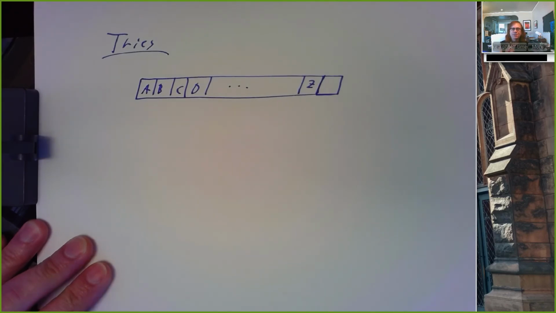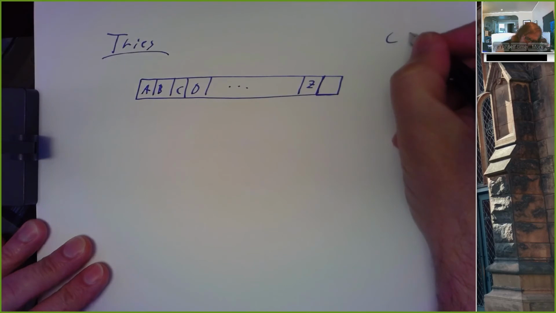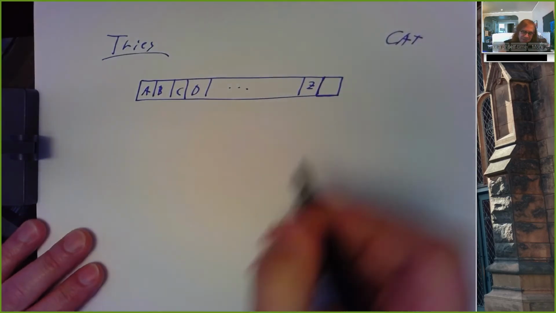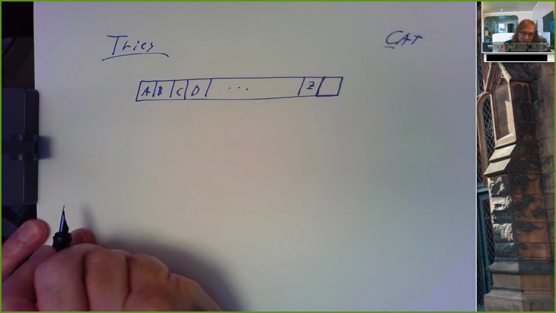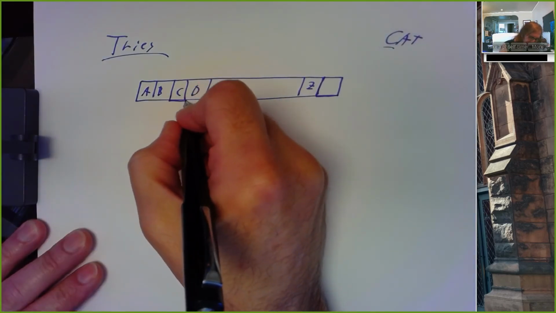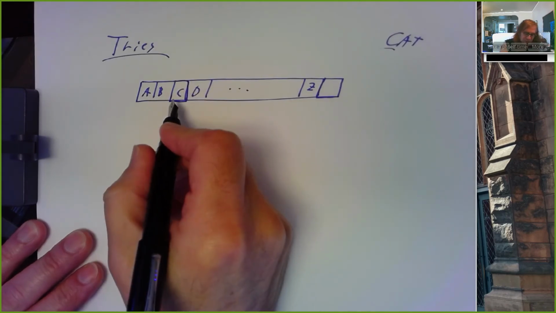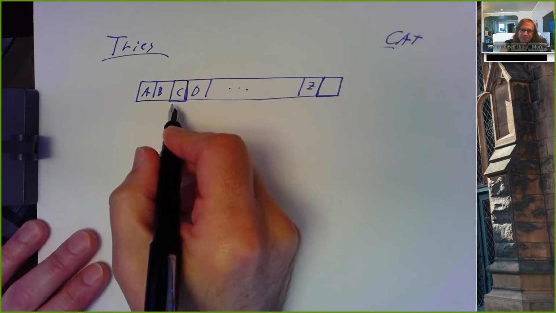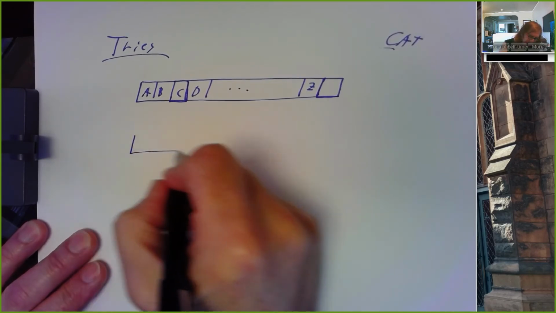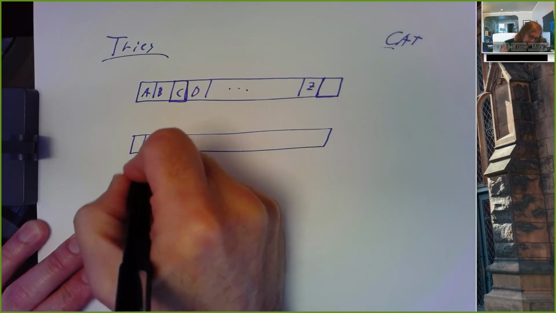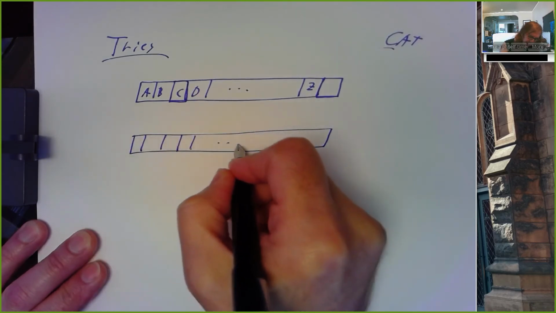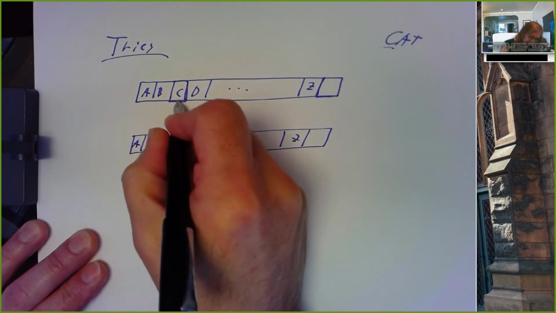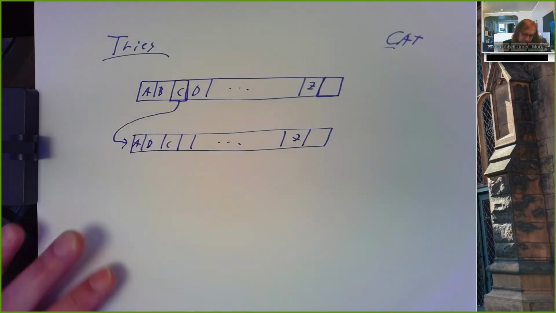Okay, suppose I want to store the word cat inside my try. Here's what I'm going to do. I'm going to take the first letter of this, which is a C. I'm going to go to the third pointer in this node, which is C. And that's pointing to null right now. So I'm going to create a new node, and I'm going to have the C point to that.